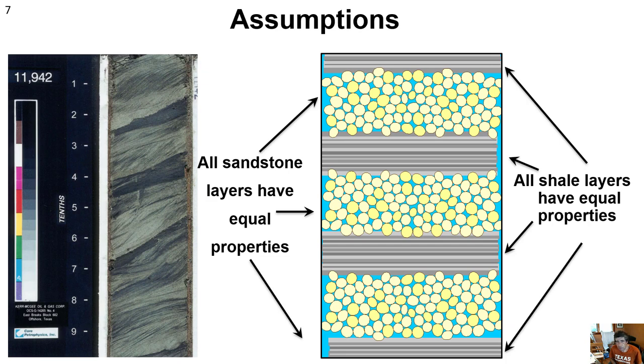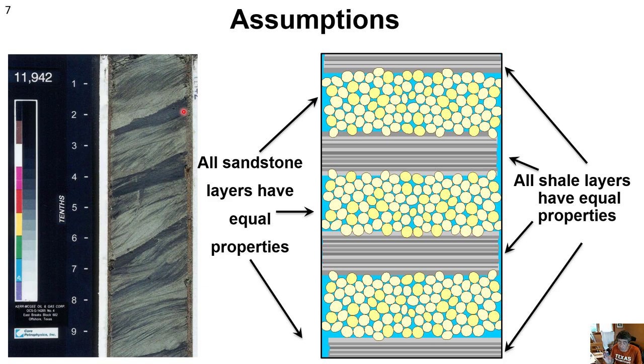One of the assumptions that we have in rocks like this, that are below the volume of investigation of the measurements, is that all the layers, these shale layers that we have here in the volume, are all assumed to have the same properties, and the same with the properties of the sandstone within that volume of investigation.